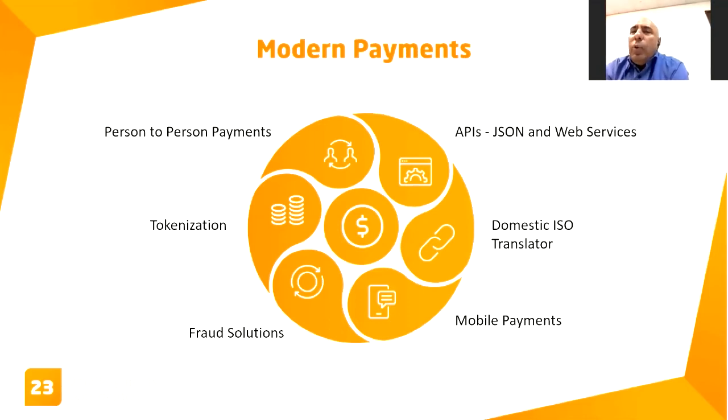Then we have tokenization services that come from Visa, as well as an inbuilt token vault for all other kinds of tokens. And we have person-to-person payments. So the entire solution is very modern. In implementing this for Synchrony Bank, one of the most interesting things the customer liked was that they can buy the product once and implement all of these different solutions.